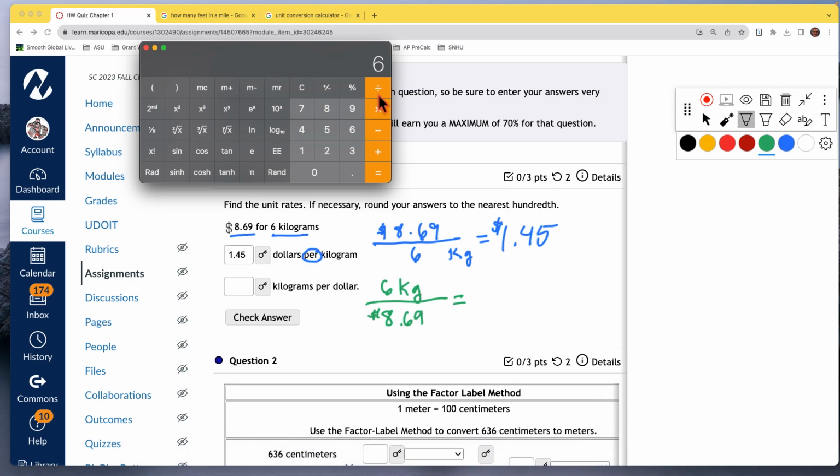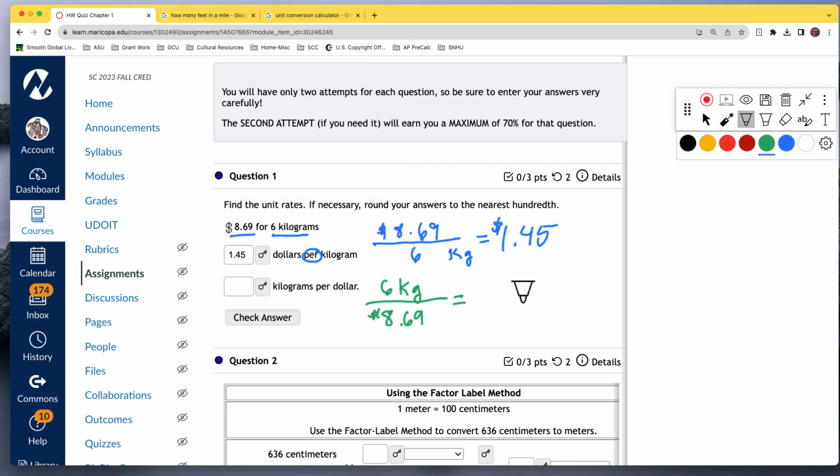So we've got 6 divided by 8.69. And that means that for $1, we can get 0.69 kilograms. We can't get a full kilogram for $1. So 0.69 kilograms per dollar.